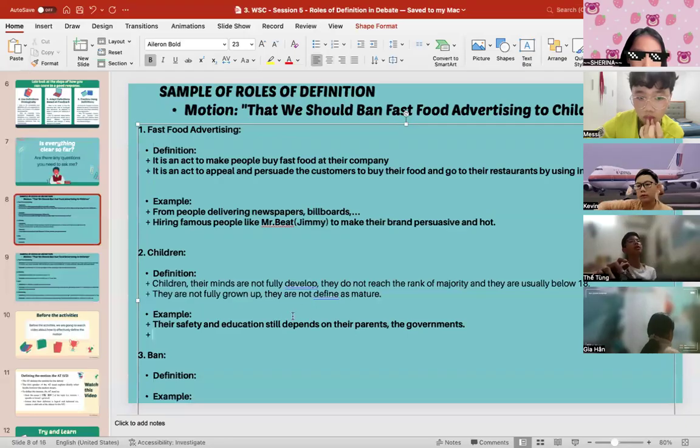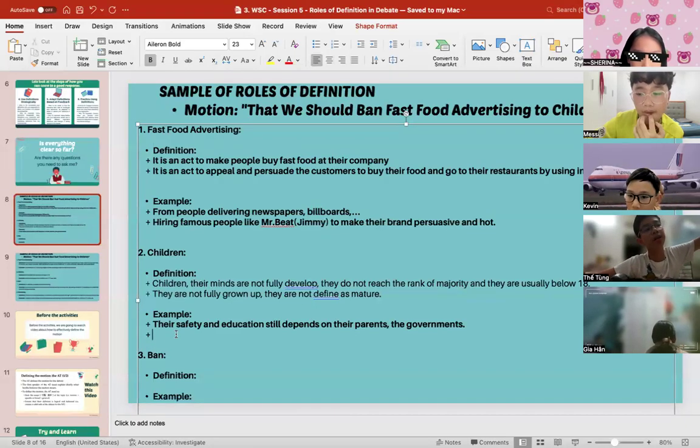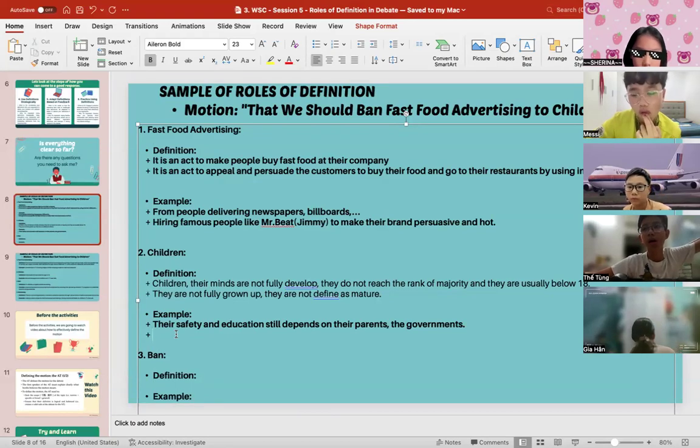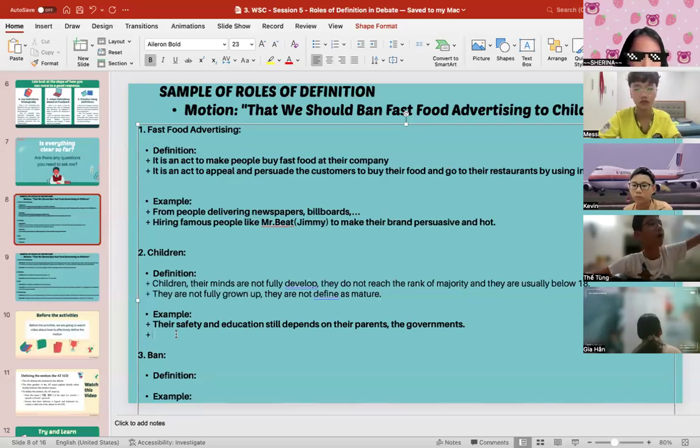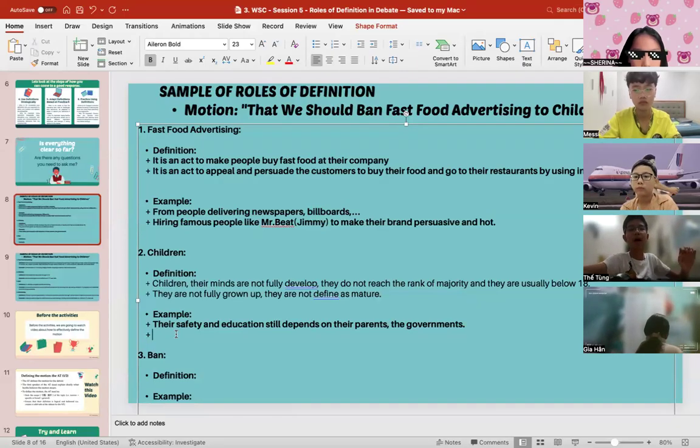Maybe children under the age of 18 who do not bear the responsibility if they do anything wrong with the country's or nation's law. They should be responsible for crimes when they break the law instead of their parents because they are over the age of 18.